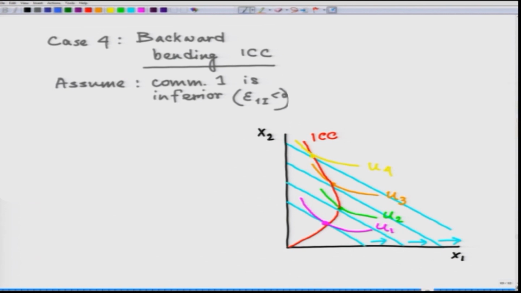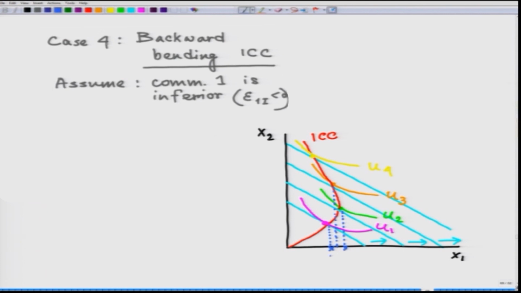We start with the level of x1 consumption here, then there is an income increase. First it rose up to this point, then with further income increases, it starts to drop.